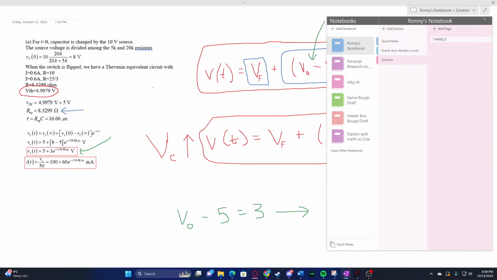They think the Thevenin voltage is 4.9979. So I'm assuming what they're trying to say is that there's 0.6 amps through the 10 ohm resistor, but then they're saying 0.6 amps and a resistance of 25 thirds.